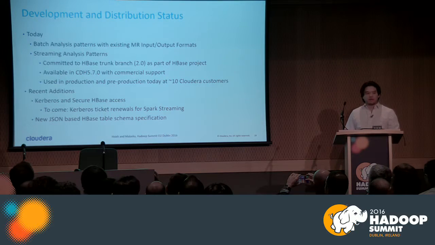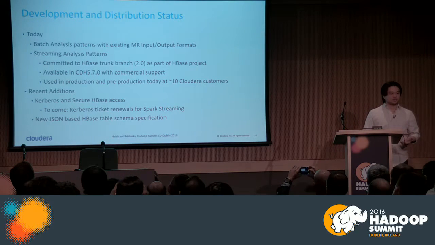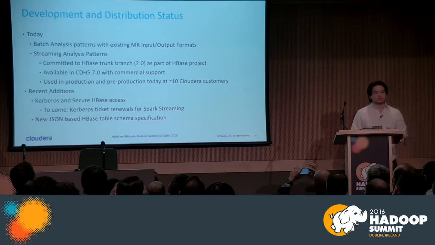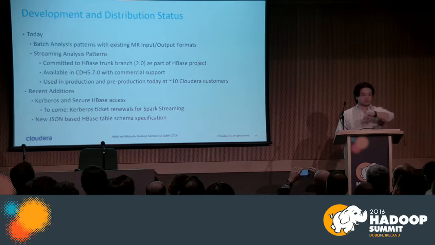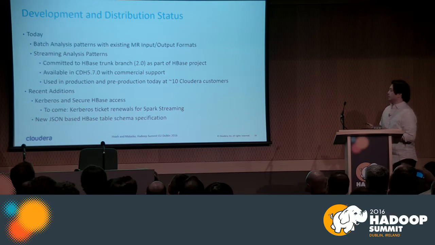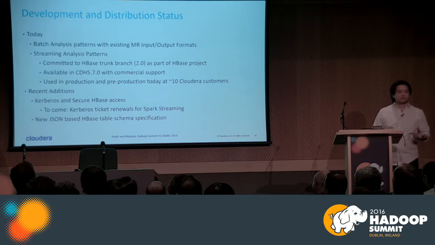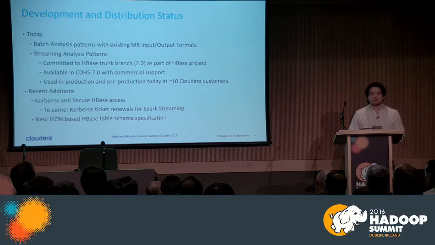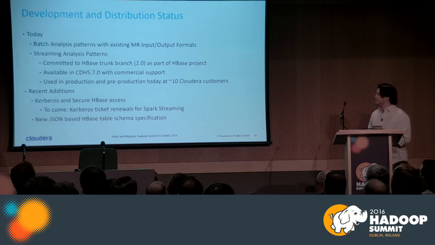If you're less brave, you can go download CDH 5.7. We offer commercial support on this as of April 7th, which was a week ago. The good news is we've had this in production or pre-production with about 10 of our Cloudera customers thus far, and we imagine now that it's actually GA with many more soon to come.